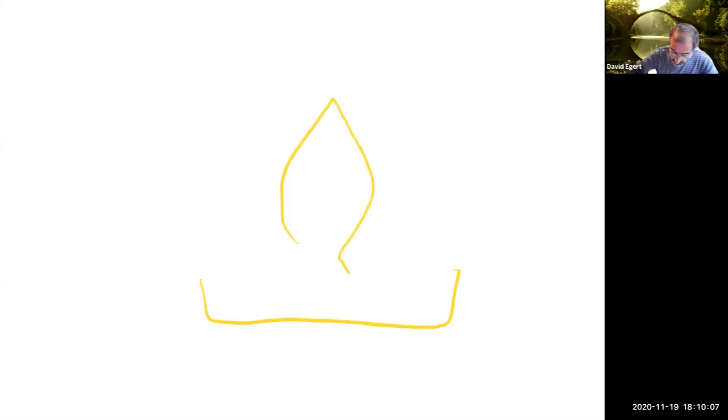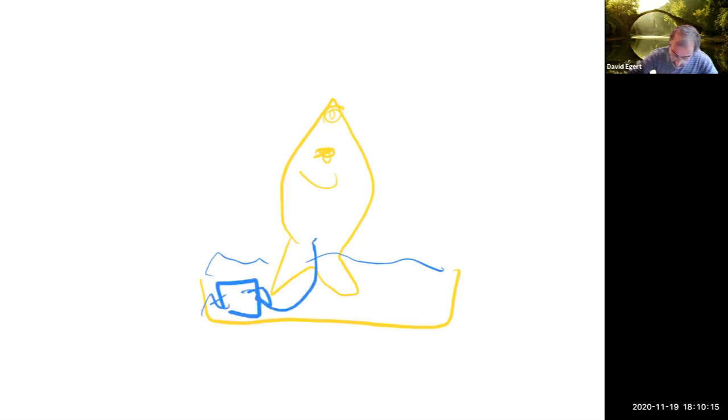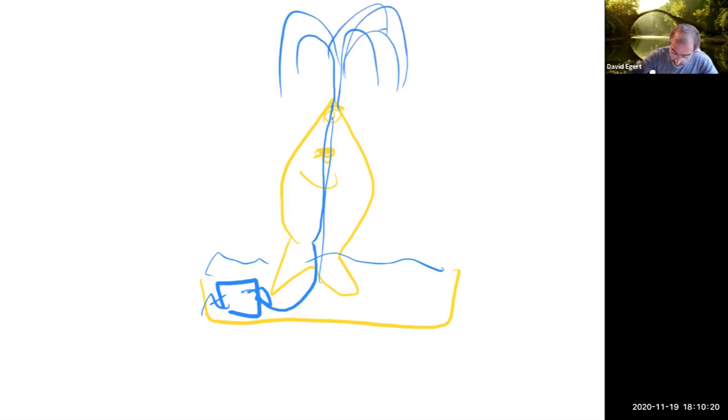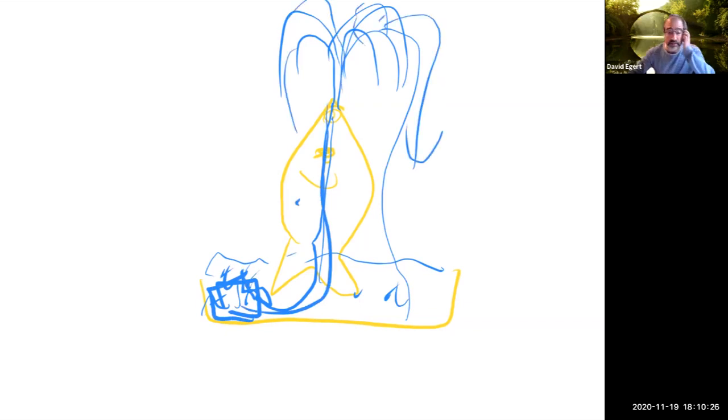Let's say you've got a fish fountain and there's water in here and there's some pump that takes the water up, and then the water falls back down. The pump pushes the water back up against gravity, but then gravity pulls it back down. So this should feel kind of intuitive.